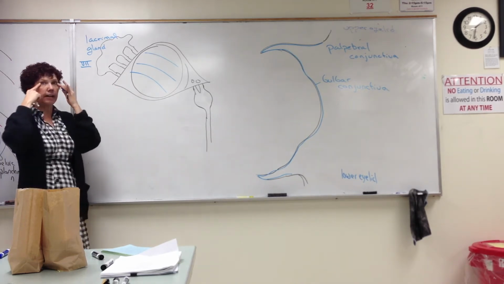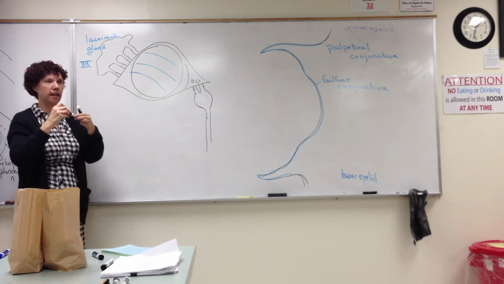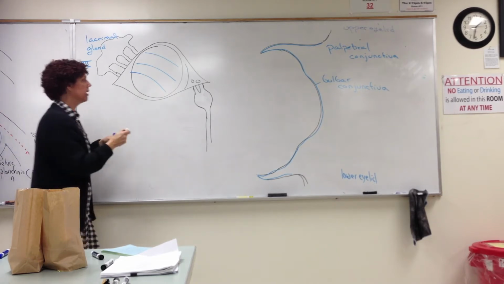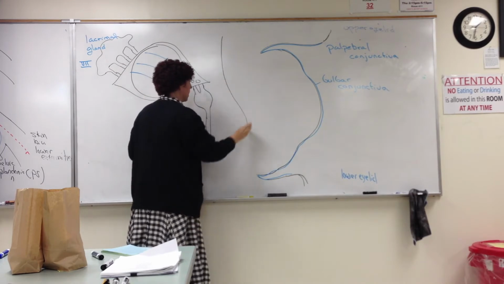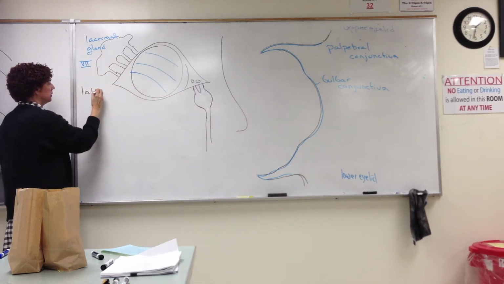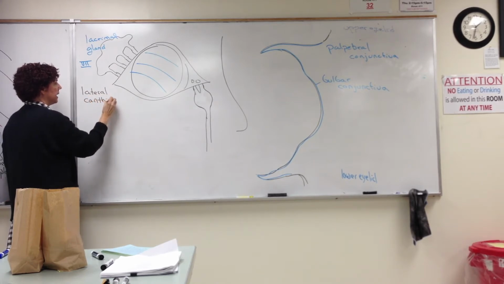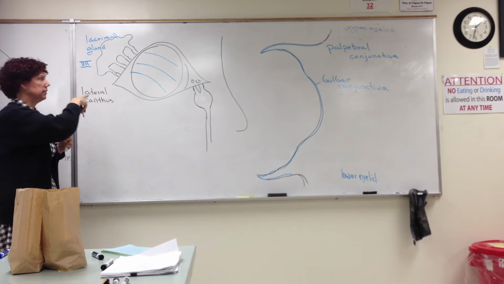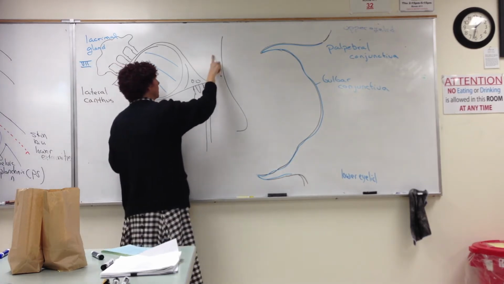The corners of the eyelids are known as commissures or canthus. If we put the nose here, this would be the lateral canthus. You can always tell with the lacrimal gland that it's lateral, even if you don't see the nose.